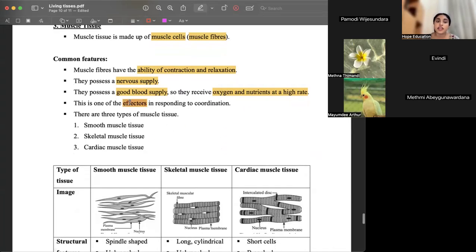This is one of the effectors in responding to coordination. What does that mean? Effectors are how you respond. Let's say you saw a dog barking and running towards you. A cute dog, but one that's very fierce and running at you to bite.